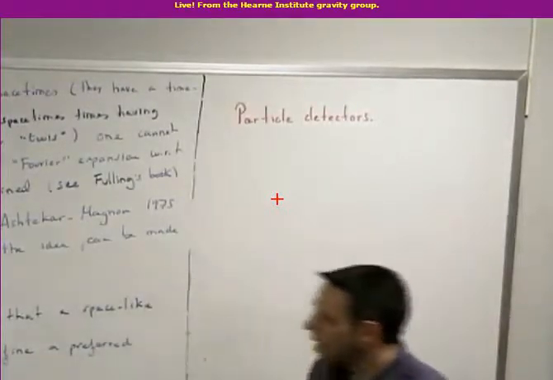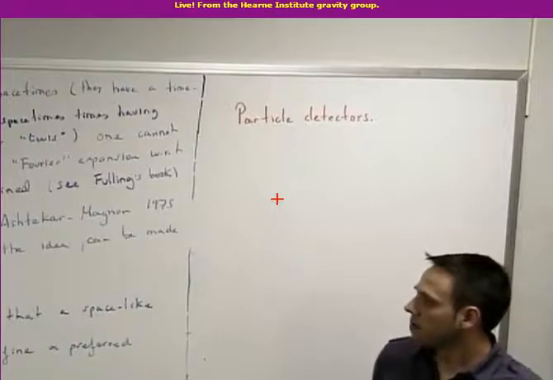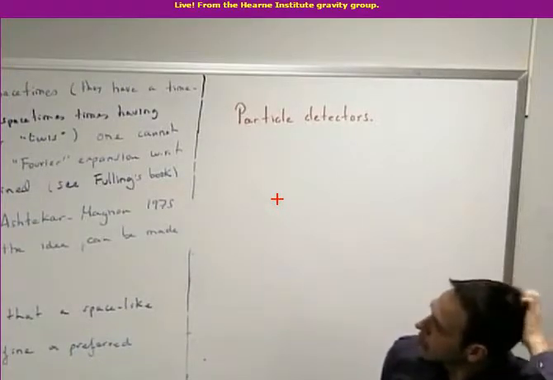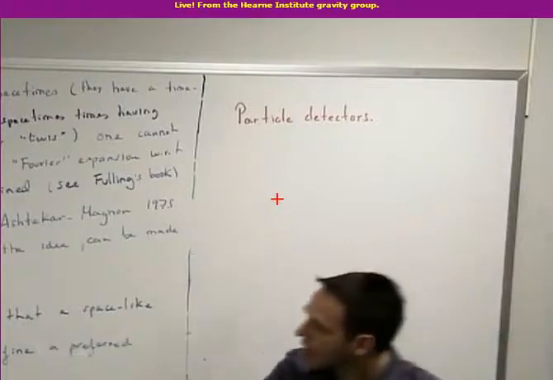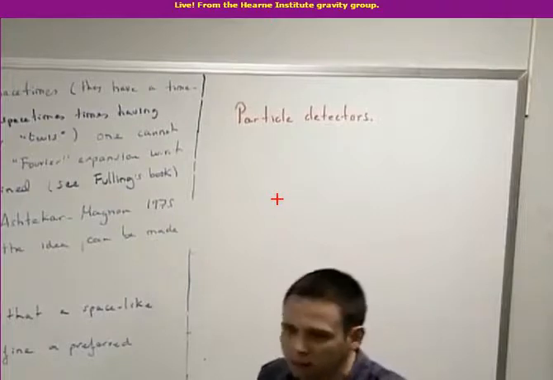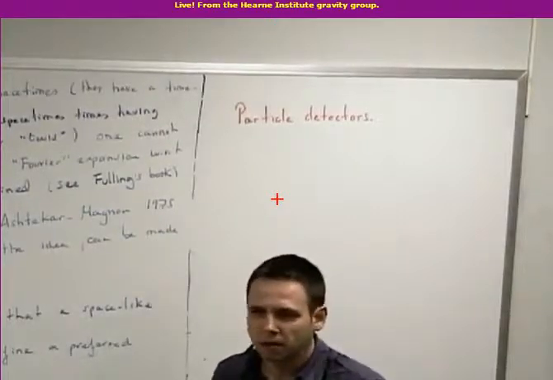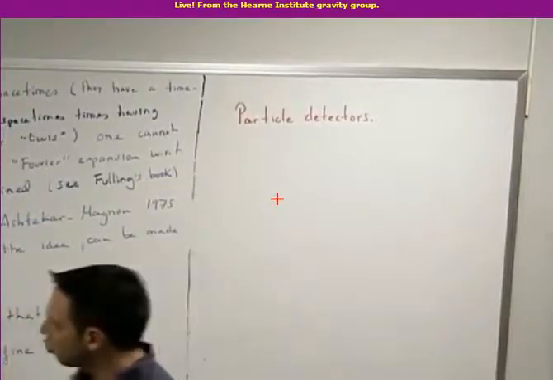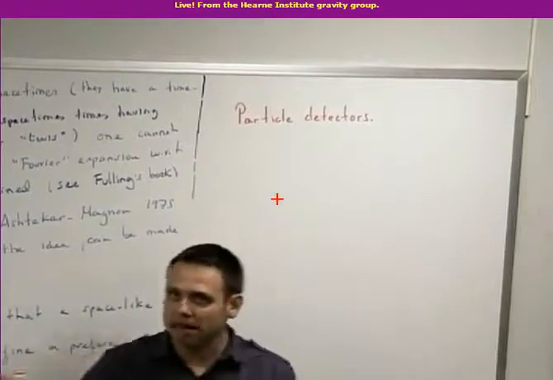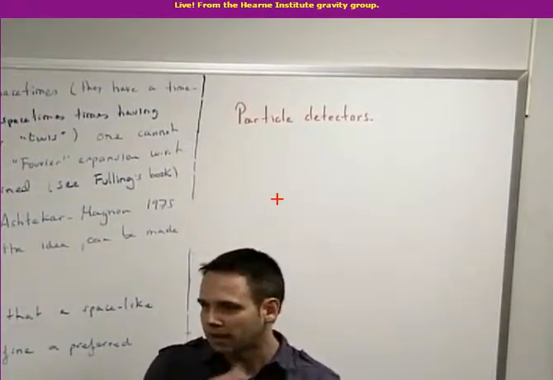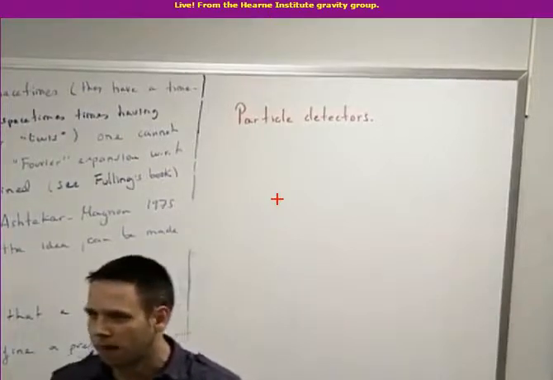My motivation came from a question a few weeks ago. In this chapter and in chapter 2, we define particles in Minkowski in a rather mathematical way. We choose the decomposition of the space of solutions into a positive frequency part and a negative frequency part. We choose a basis, and associated with the basis we define creation operators, and whatever those create on the vacuum is what we call a particle.